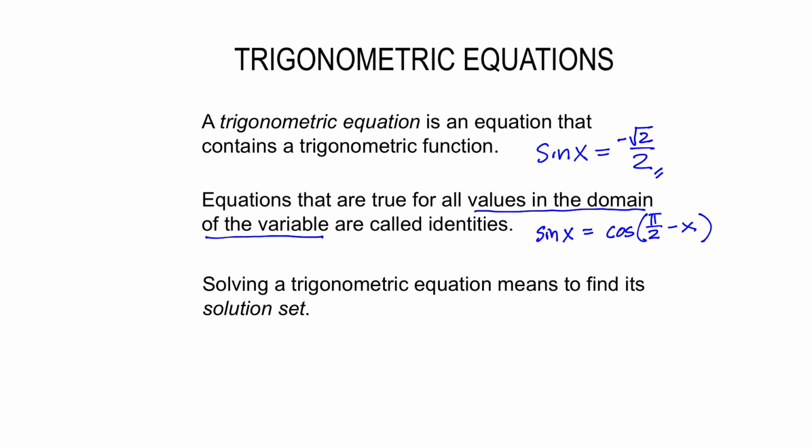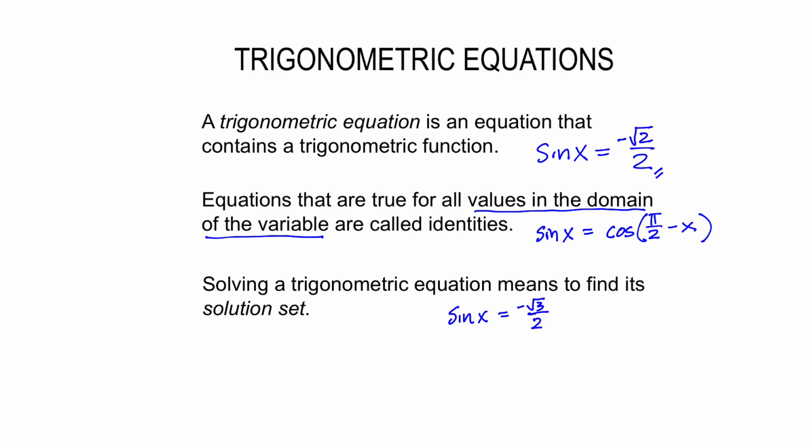When we solve a trigonometric equation, it means to find its solution set. That means we need to find what are the solutions for all the values here. And we're going to look at an example of that, just to specifically show what I mean here.